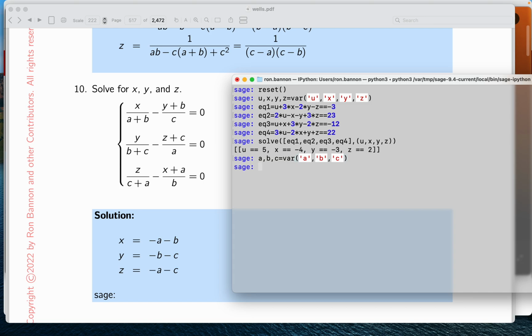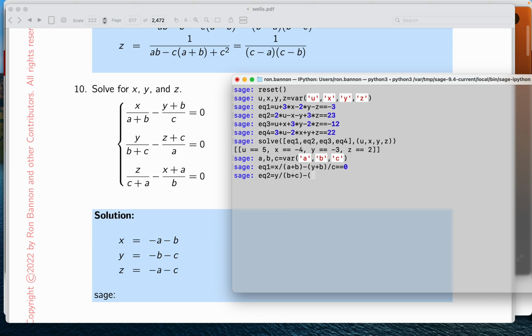Whoops. And let's define our equations. EQ1 is x divided by the quantity a plus b minus the quantity y plus b divided by c, and that equals 0. Here's equation 1. EQ2 is equal to y divided by the quantity b plus c. And I haven't tried this yet, so maybe it's not going to work as advertised.